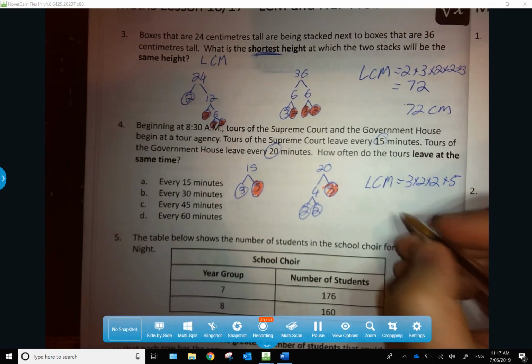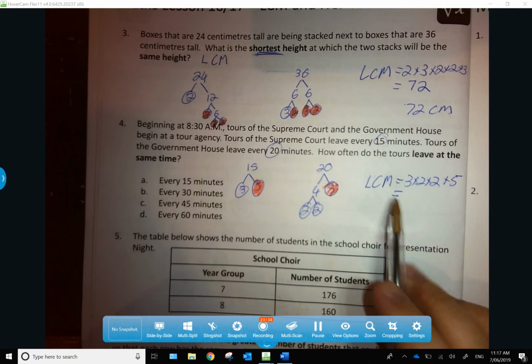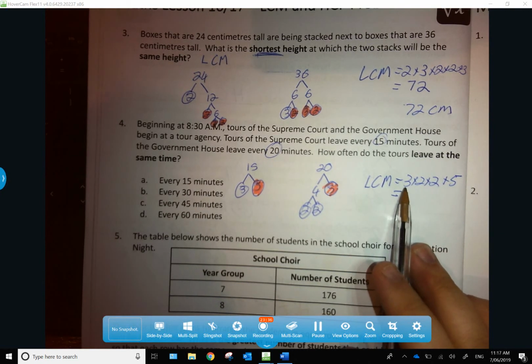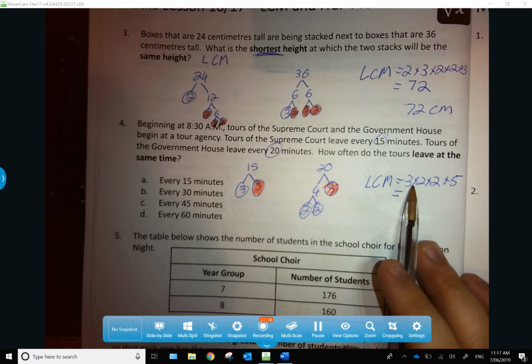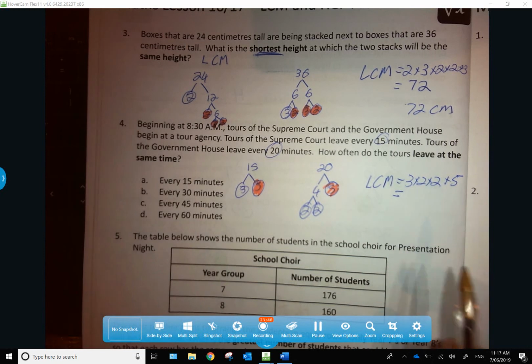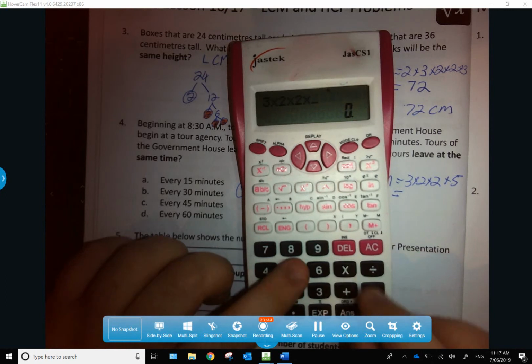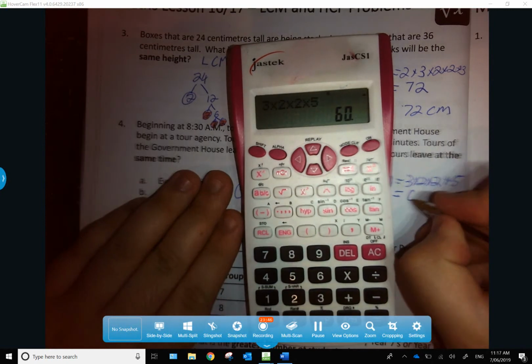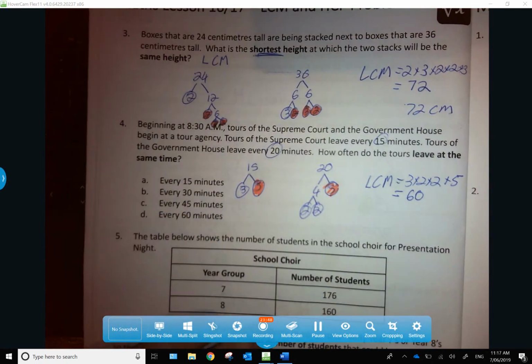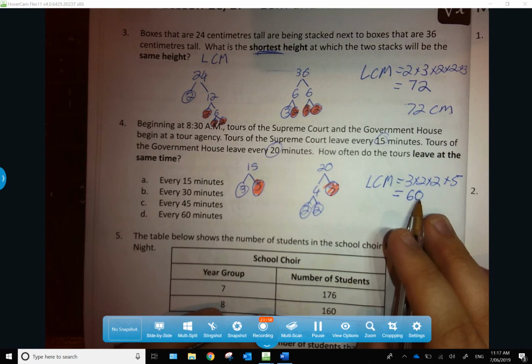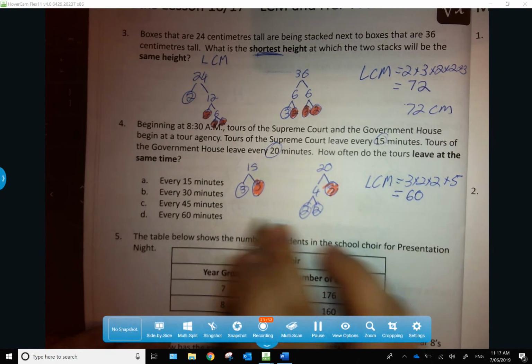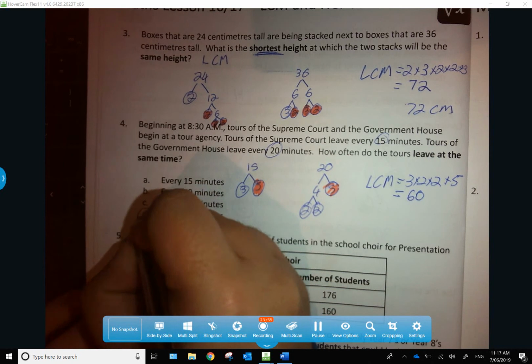Looking at this, what we need to do now is find the lowest common multiple. So let's go ahead and do that. 3 times 2 times 2 times 5 gives you 60. 60 is the lowest common multiple, so that means tours leave every 60 minutes.